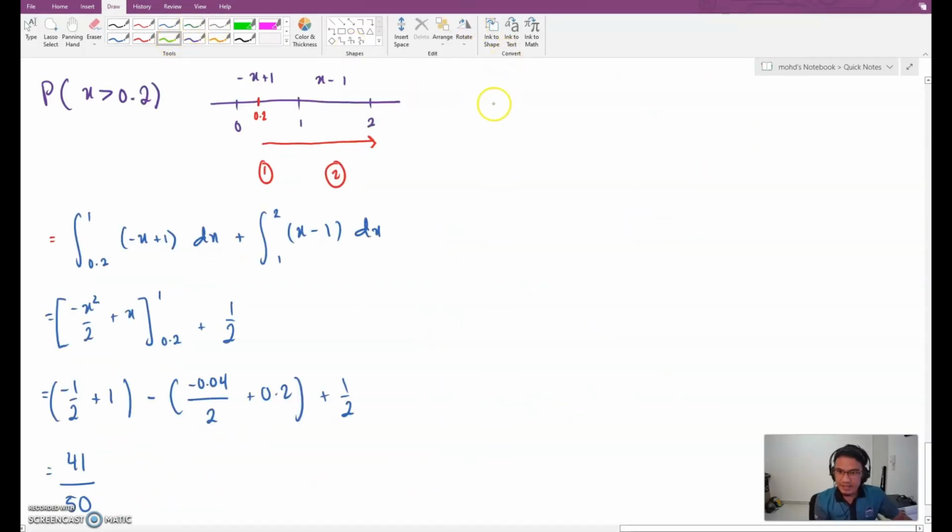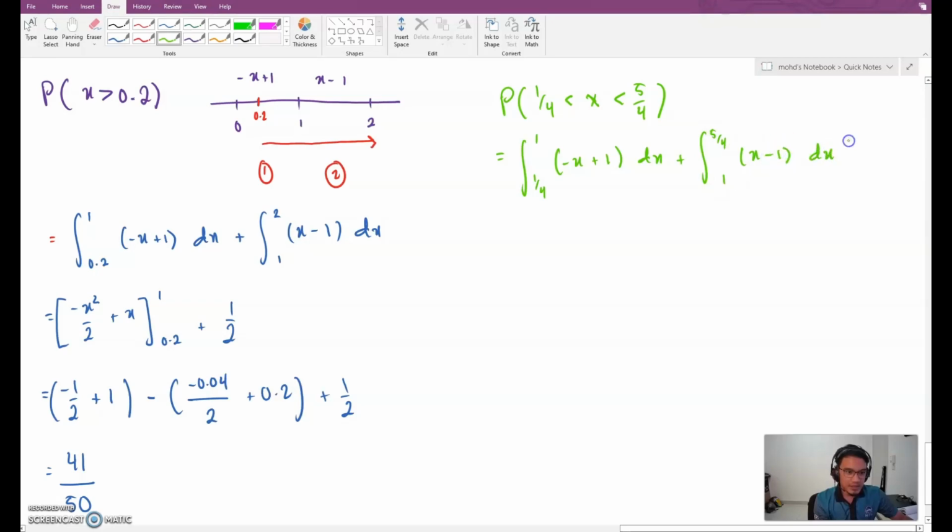Next is to find the probability for 1 over 4 less than x less than 5 over 4. This covers the integral from 1 over 4 to 1 of negative x plus 1 dx, plus the integral from 1 to 5 over 4 of x minus 1 dx.